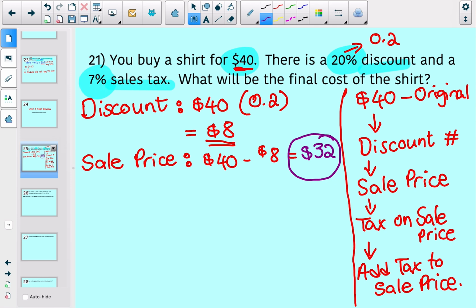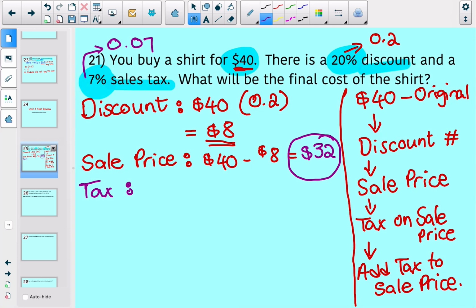Okay, now I need to calculate my tax on this number, not the original, but this one. So now I'm going to calculate my tax amount. Again, if I convert this amount to decimal, I'm going to get 0.07.